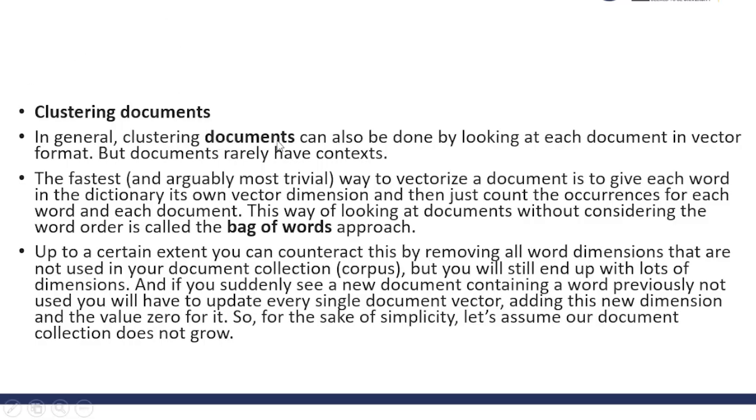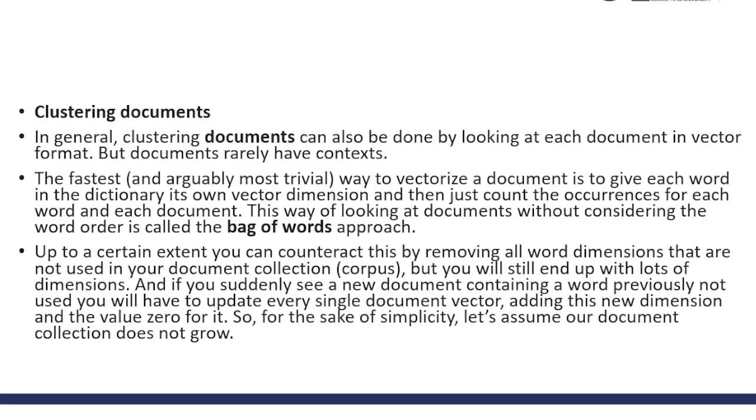So in general, clustering documents is done by looking at each document in vector format, and then we vectorize the document by giving each word its own vector dimension. So every word will have its own representation in the vector.